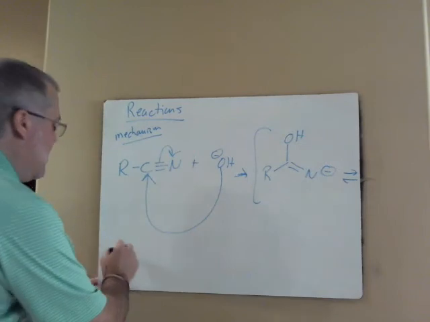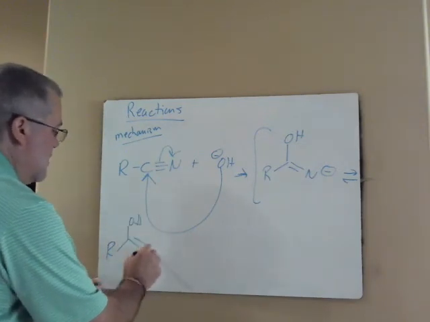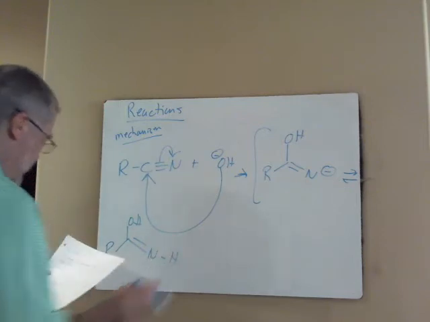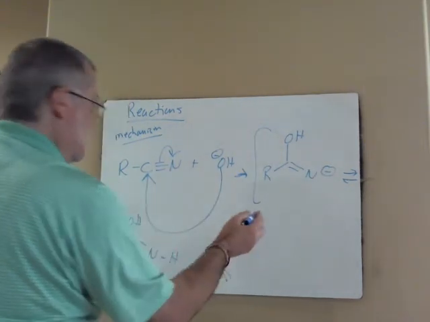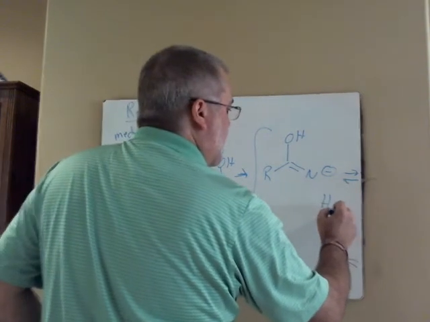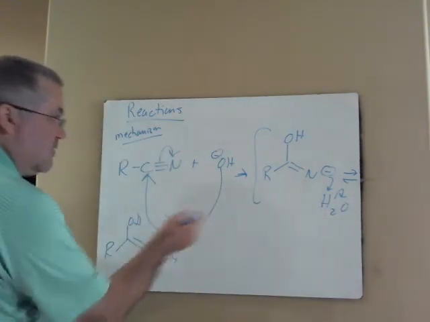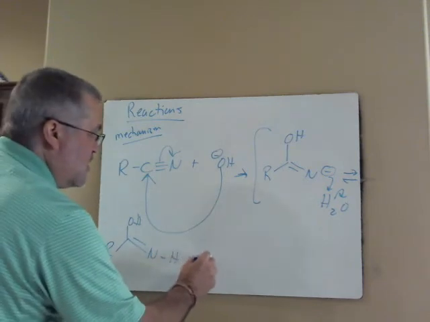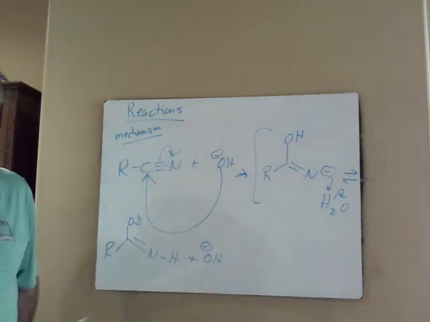So what will happen is that I will pick up a proton from water. So I'll put my water here. I pick up a proton from water to alleviate that minus charge, which gives me back an OH minus.